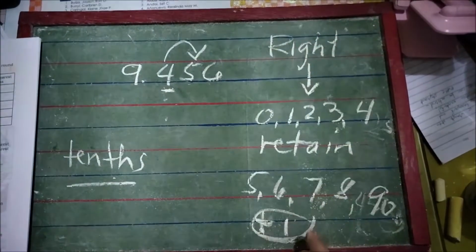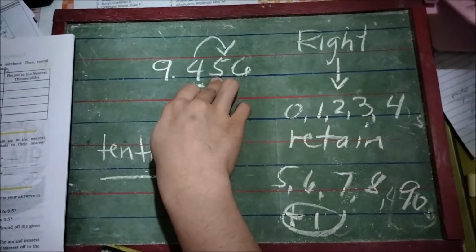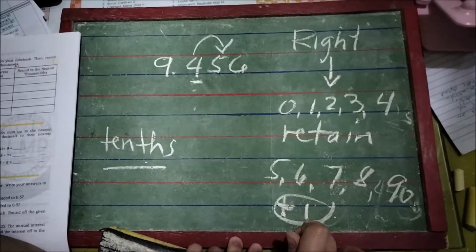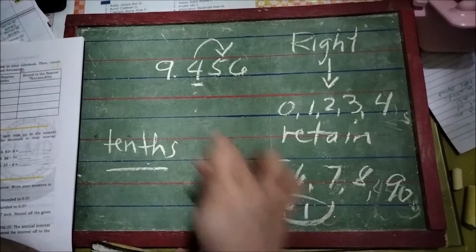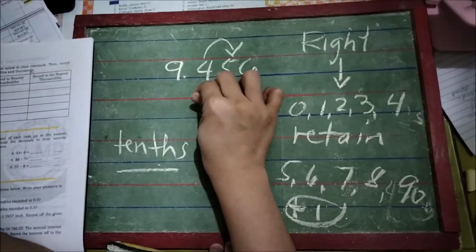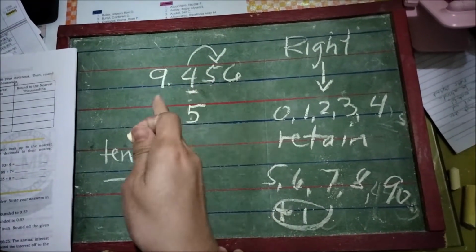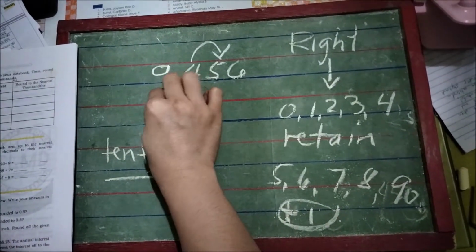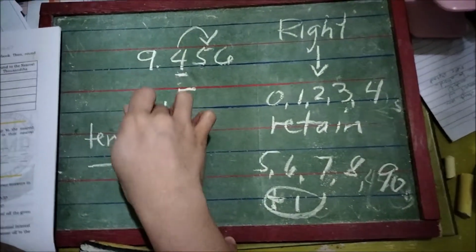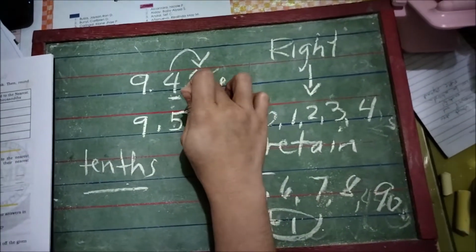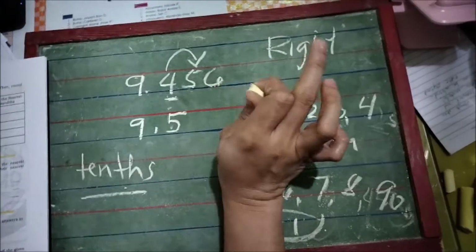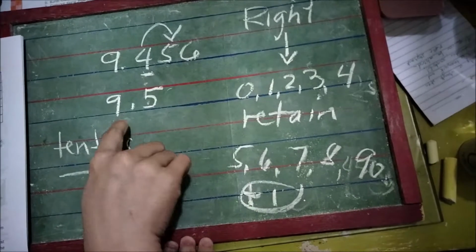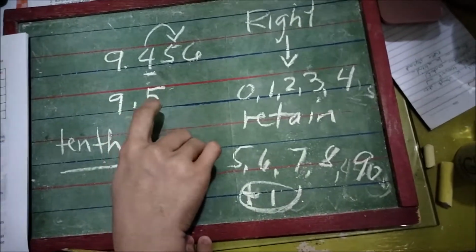Based on our rule, the number on the right is 5, so we add 1 to the number to be rounded off. So 4 will become 5. The numbers on the left will be copied, and the numbers on the right will be dropped. There is no need to put 0. Your answer will be just 9 and 5 tenths.